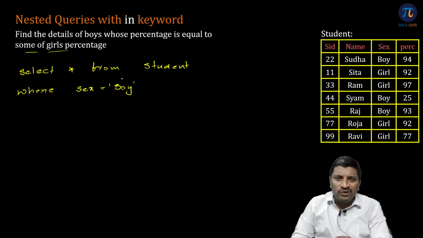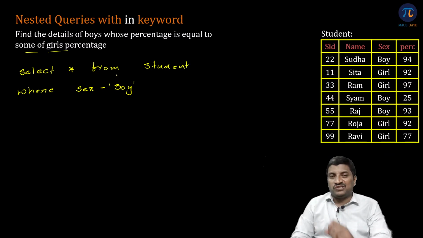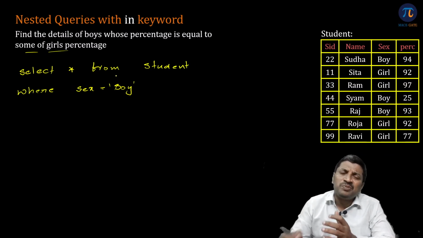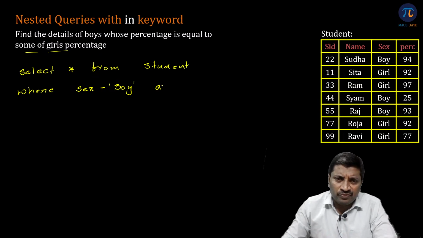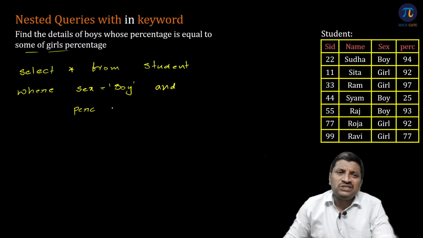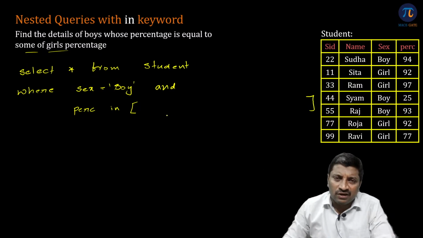And do you need the details of all the boys? No, sir. I need the boys whose percentage is equal to some of the girls' percentages. Then what are the percentages of girls, sir? I don't know. So the percentage in this list, I need to write the percentages of the girls.